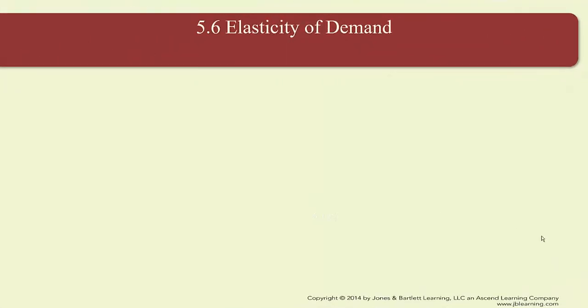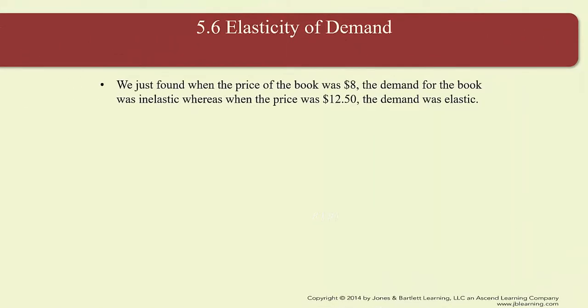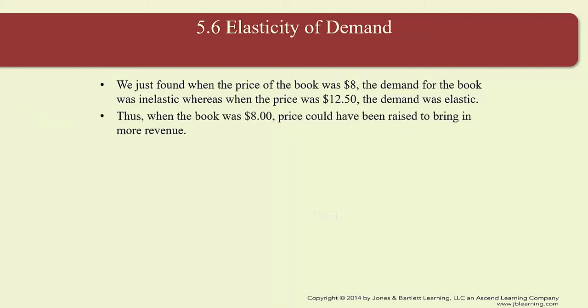All right, folks, we just found that in that example, when the price of a book was $8, the demand was inelastic, whereas when the price was $12.50, the demand was elastic. So what that really means is that when the book was $8, the price could have been raised and it would bring in more revenue.